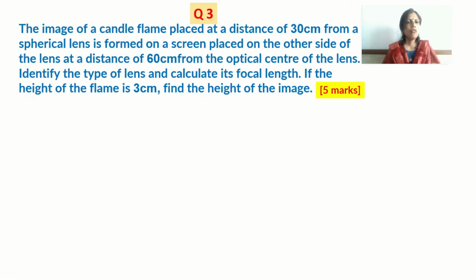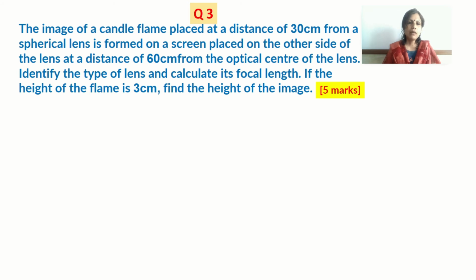The image of candle flame which is placed at a distance of 30 centimeter from a spherical lens is formed on a screen which is placed on the other side of the lens at a distance of 60 centimeter from the optical center of the lens. Identify the type of lens and calculate its focal length.